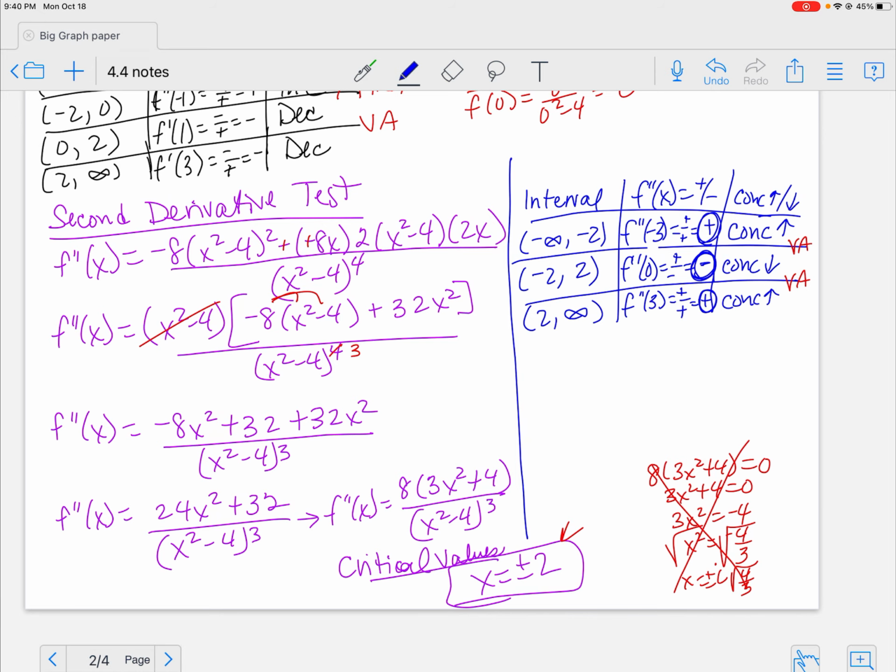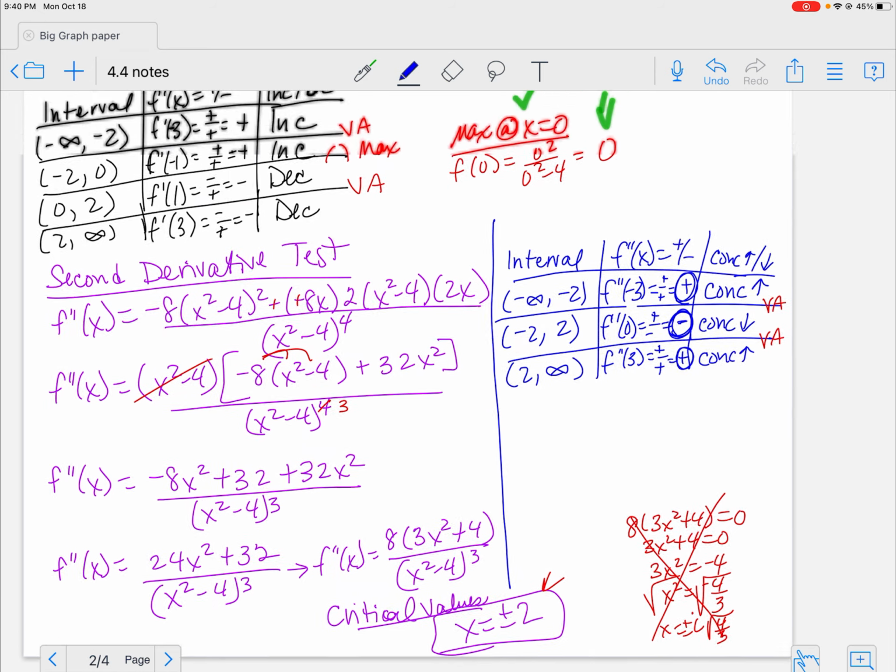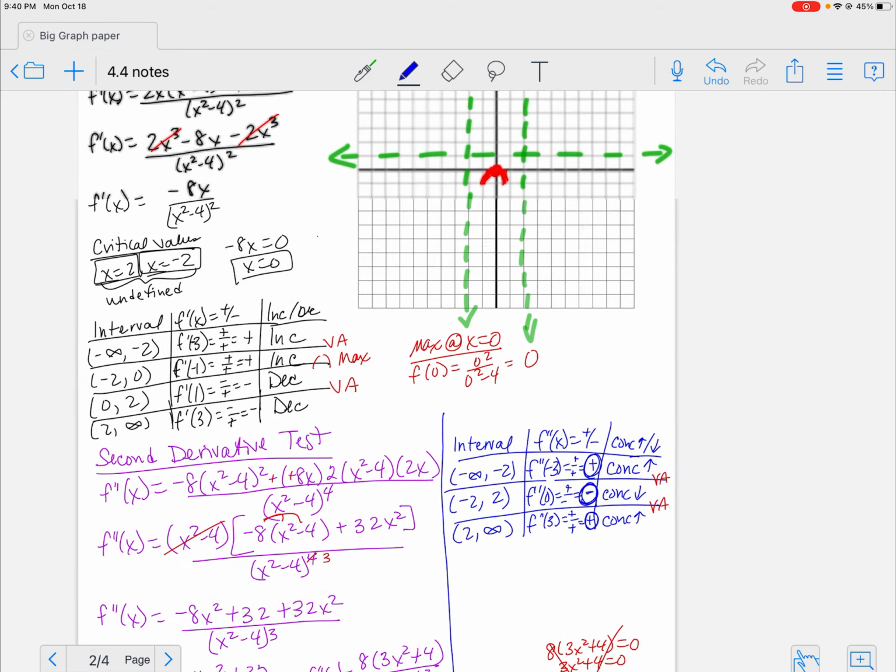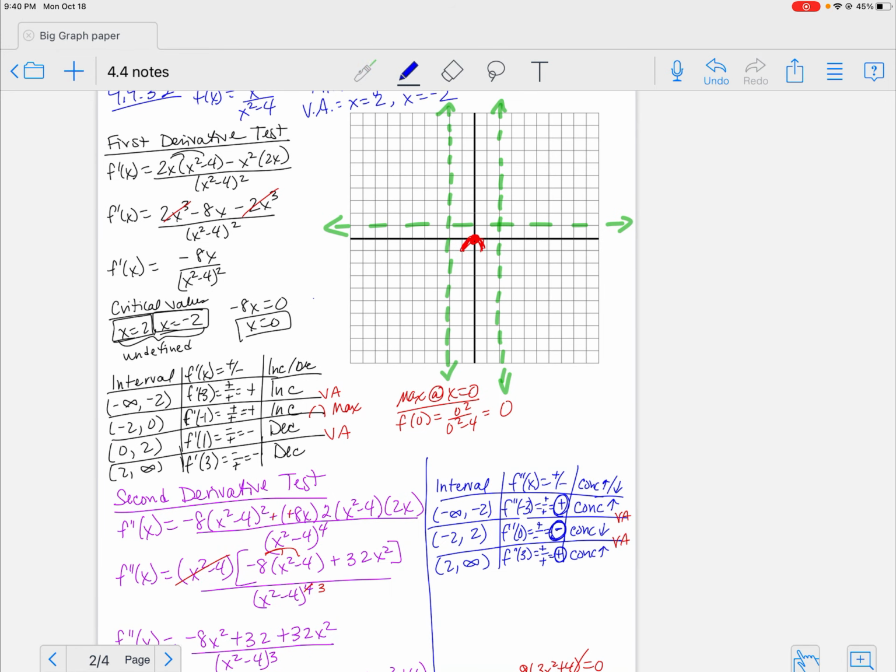Now let's talk about how this looks. I know if I'm coming up here from negative infinity to negative 2, right? My graph is increasing, so my graph has to be going up. From negative infinity to negative 2, my graph is going up. This tells me it is concave up. Can I have something down here?